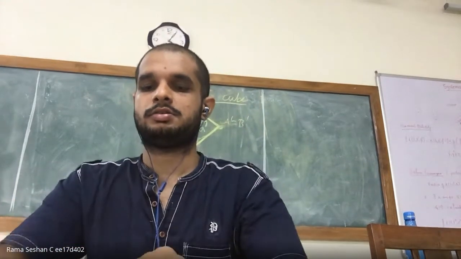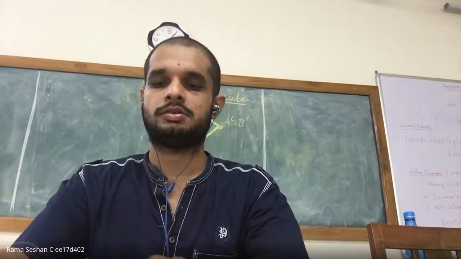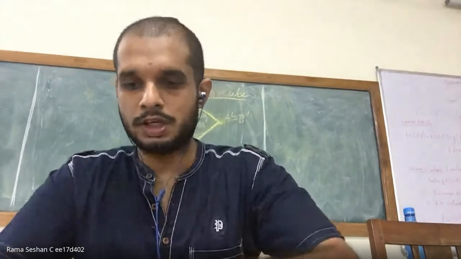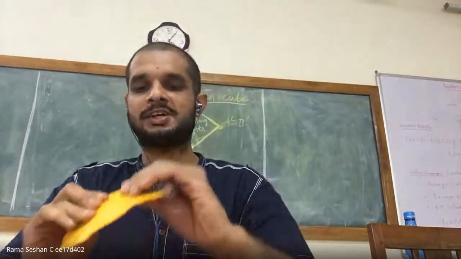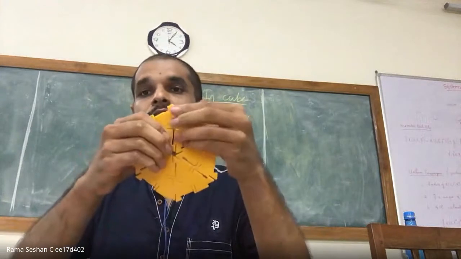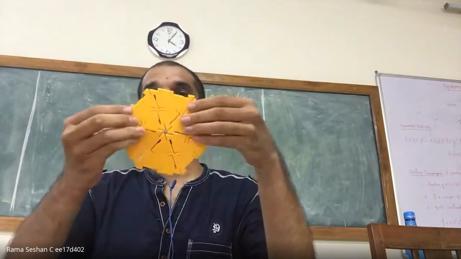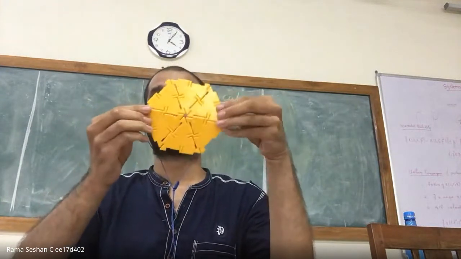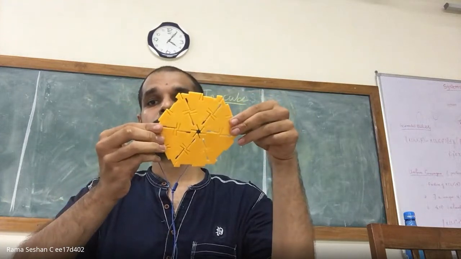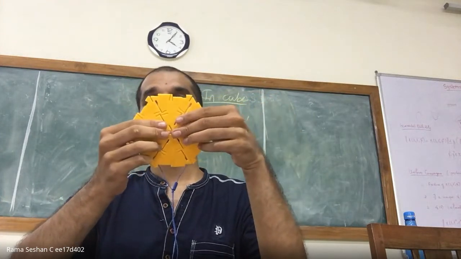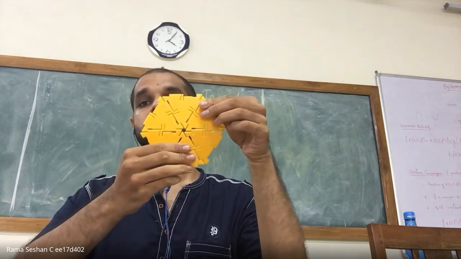So if I have 6 equilateral triangles, then there will be no angle deficit, right? You can see here. 6: 1 on top, 3 bottom.